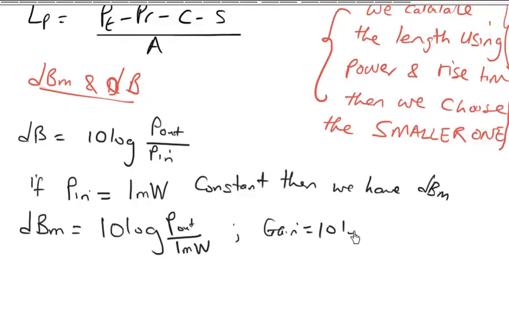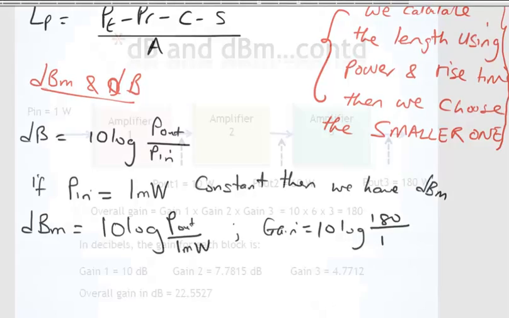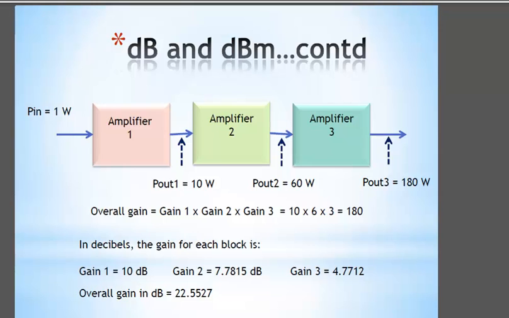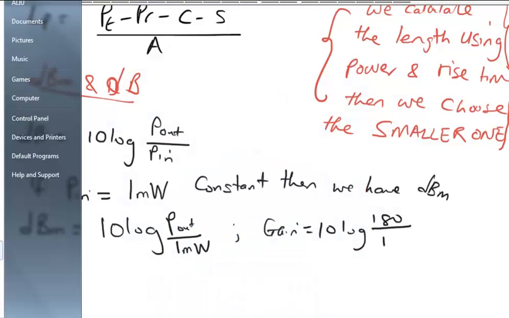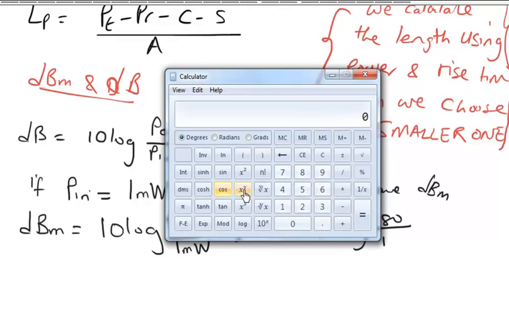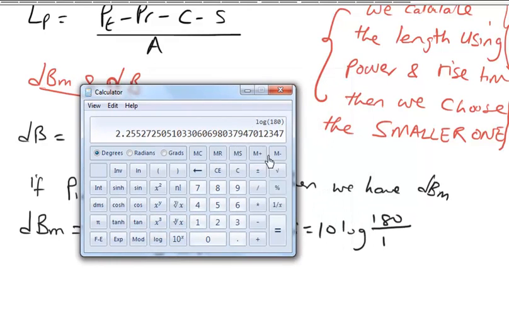They are the same unit, watt. So I say 180 divided by 1, which is 180. Then take the log, multiply by 10, and you have 22.55.